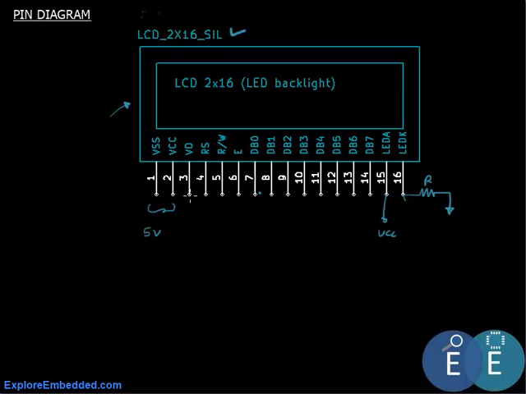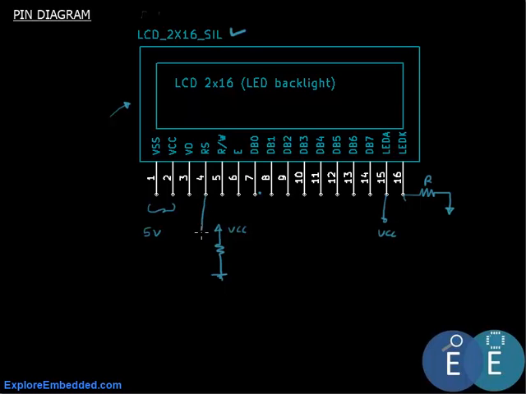Now there is also one more pin related to power. It's the VO, or the contrast pin. What this does is it controls the contrast, and usually what is done is a potentiometer is connected to this pin.